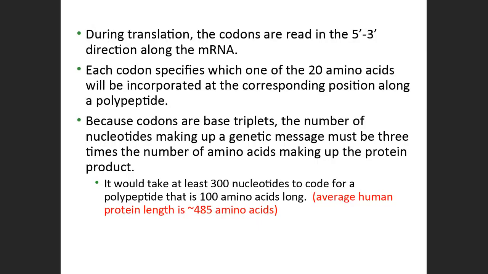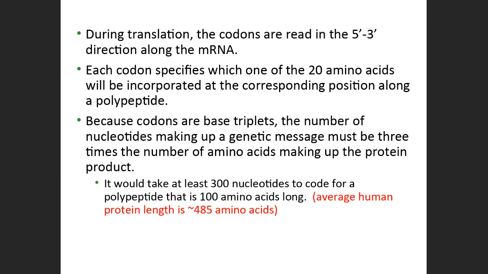So during translation, the codons are read in the 5' to 3' direction, along the messenger RNA. Each codon specifies one of the 20 amino acids, which will be incorporated into that polypeptide. Because the codons are base triplets, there are 3 nucleotides. We also just call nucleotides bases, and they're groups of 3.